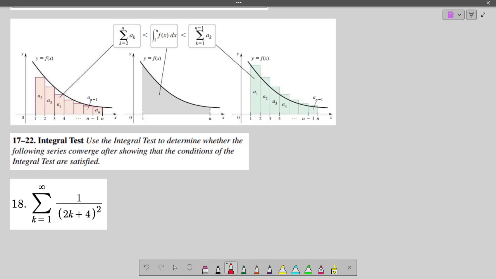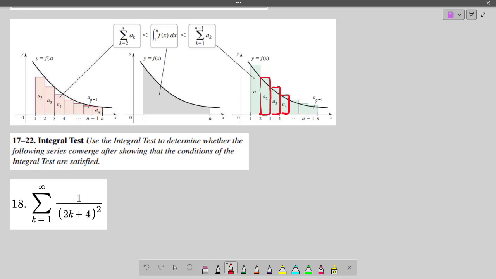If you look at these rectangles from a sub 2 on, you can imagine them being created by looking at this right endpoint. The height of a sub 2 is the right endpoint, like when you do right and left endpoint approximations. If we look at the red rectangles and shift them to the left, we have this picture.